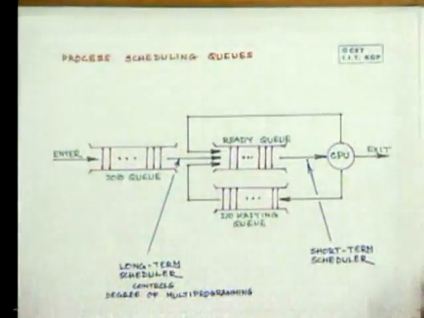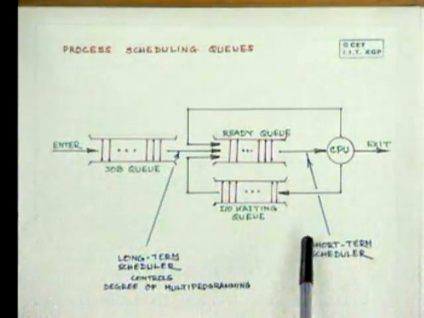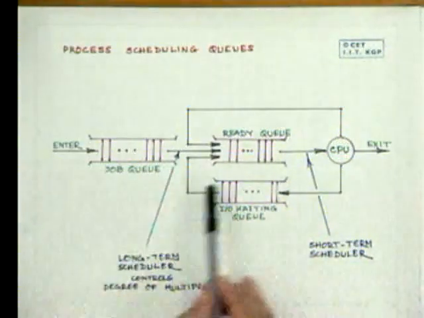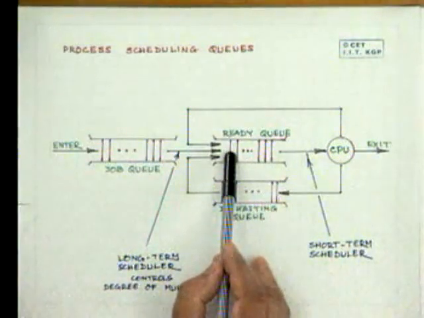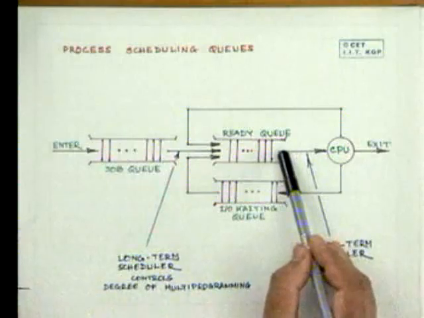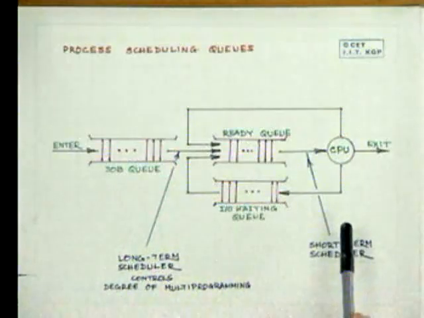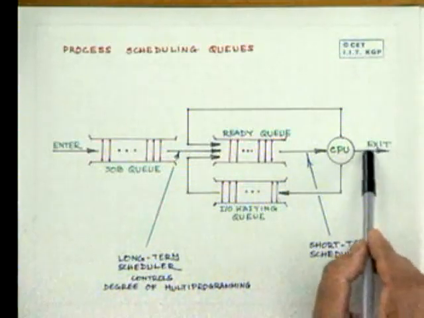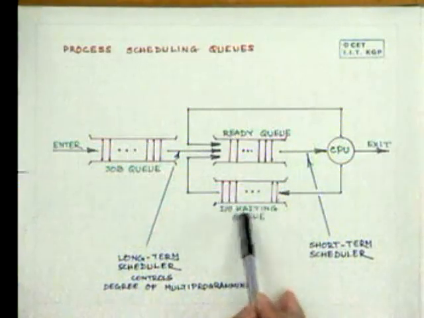Now, this gives a picture of the process scheduling queues, a rather simplistic diagram. We have a ready queue where the ready processes are. From that ready queue, a short-term scheduler takes a process and puts it into the CPU. If the process is over, it exits from the CPU, or if an I/O request is made, it goes to the I/O waiting queue.